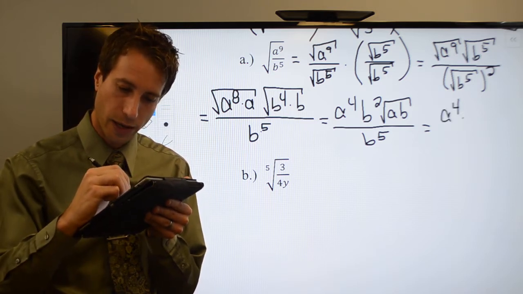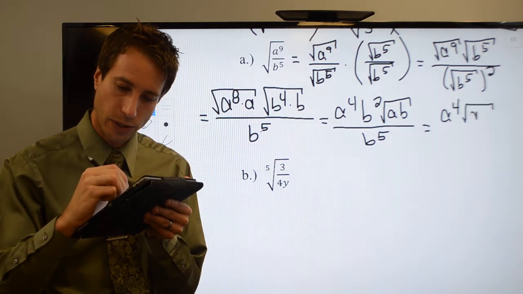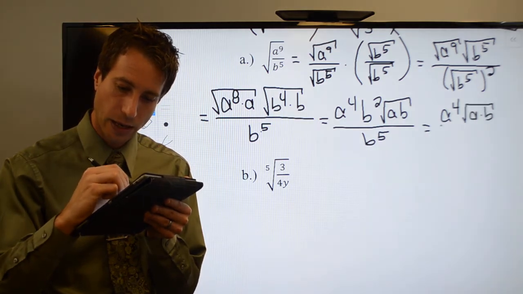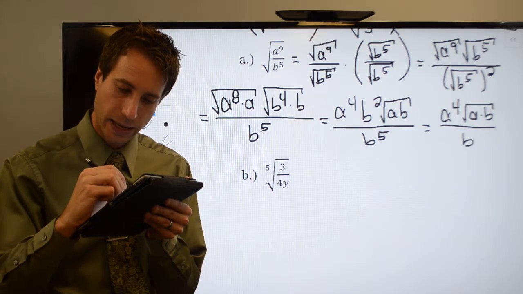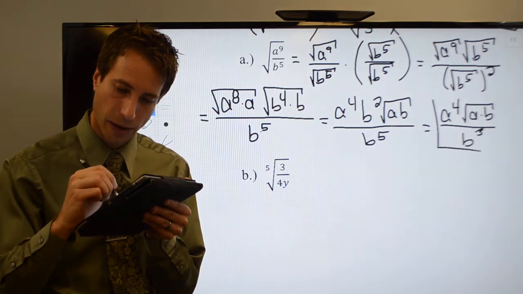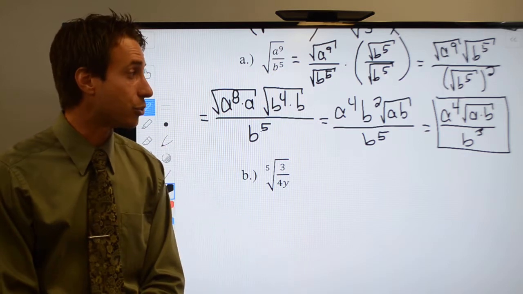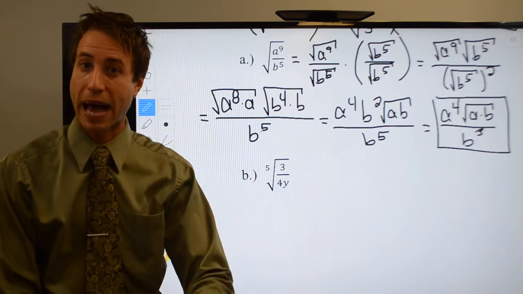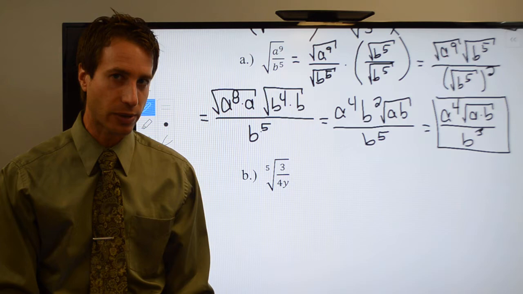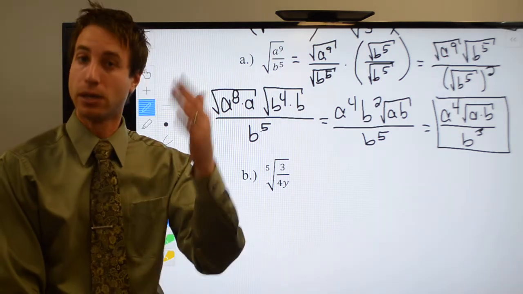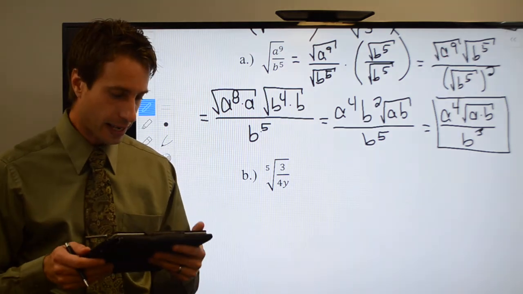A to the 4th times the square root of a b all over b to the 3rd power. And that is going to be as simplified as you can go. You've gotten rid of the radical in the basement. You've canceled everything that you can cancel. You're simplified. Next.